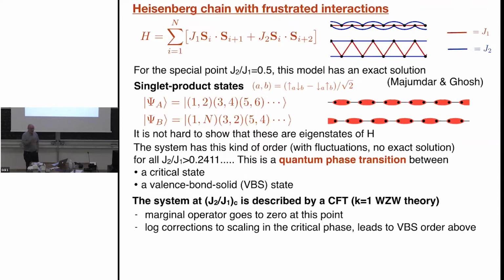So there's a marginal operator which changes its sign as you go through the point. Yes, please. Yeah, it's SU2, level K1, I guess you call it. Yeah, I should have said SU2.